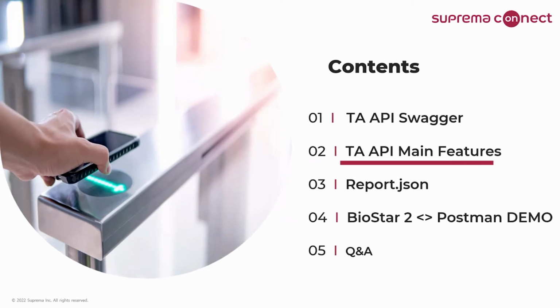Secondly, we'll be going over some of the main features of the TA API. Thirdly, we'll see how the report.json API, which can be considered the most important feature, works. Fourthly, I'll show you some demos of report.json on Postman, and at the end, we'll have a Q&A session.